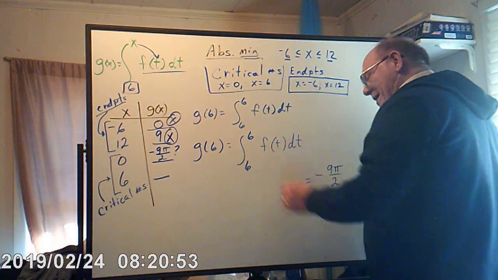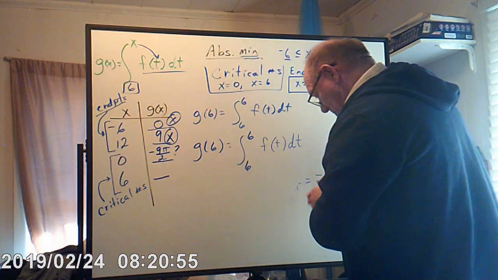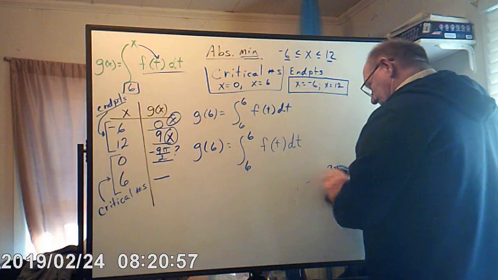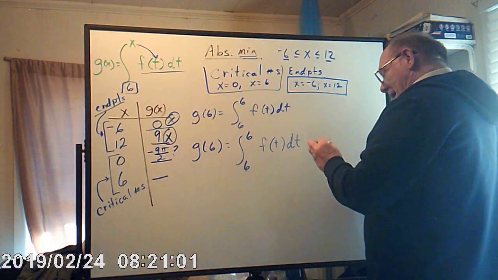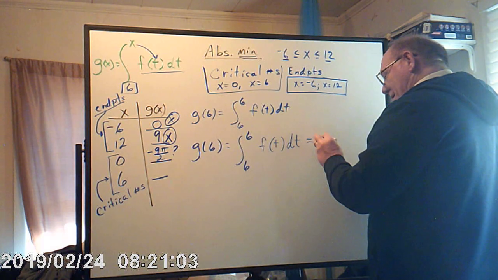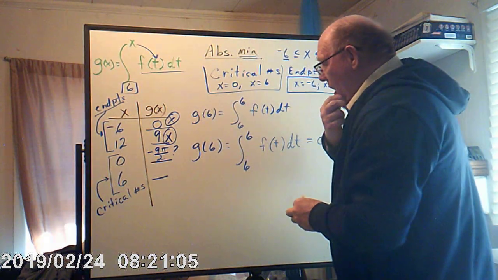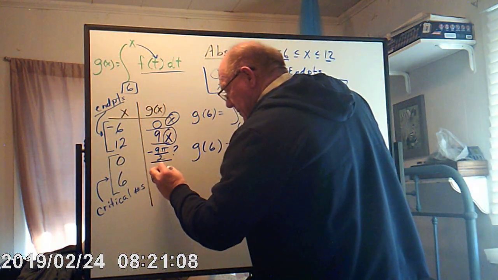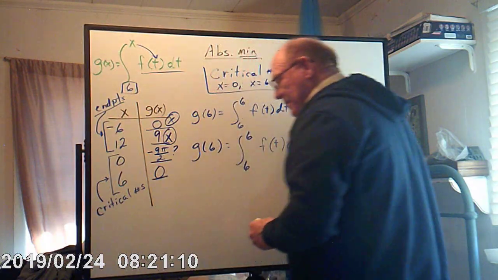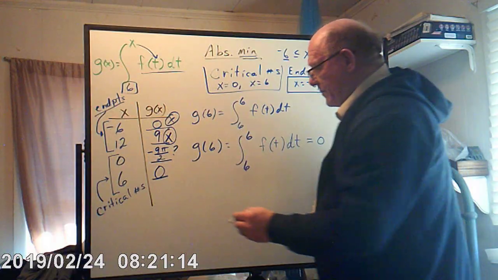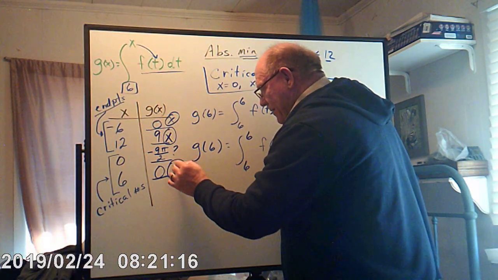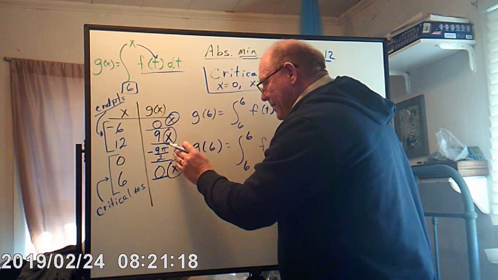Anytime you have the same bottom and top, you get that answer automatically. It's 0. This answer is 0. So guess what? I can erase this.